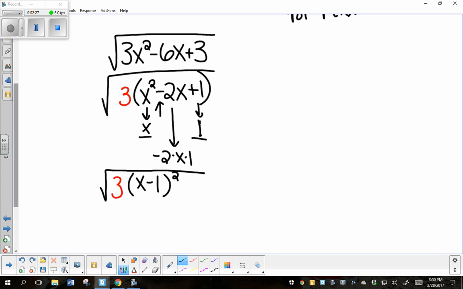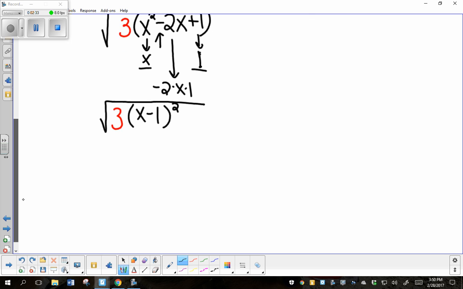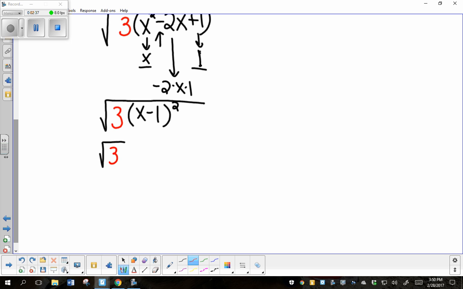So now if I look at what's in that square root, remember that a square root and a square cancel each other out. Since I can break it up, this is equal to the square root of 3 times the square root of x minus 1 squared. I just broke this up into two different square roots, because we can do that if they're being multiplied.